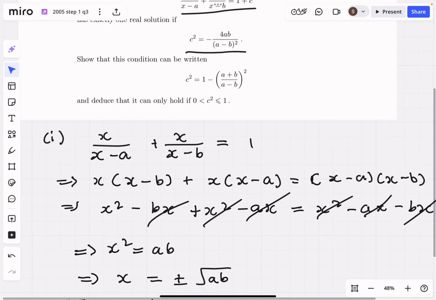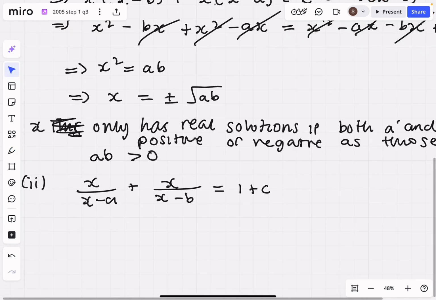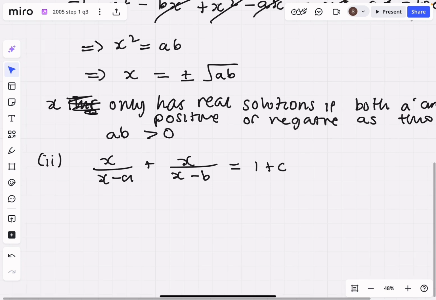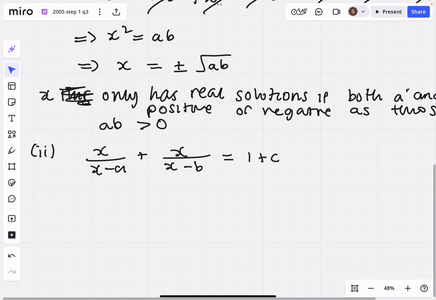So again, let's write out this equation first, and we want to make it into a more obvious quadratic, so we can hopefully go somewhere with that. So let's multiply by (x minus a)(x minus b) on both sides.